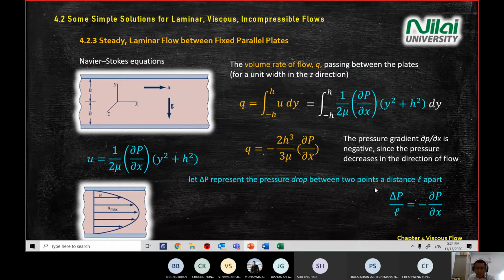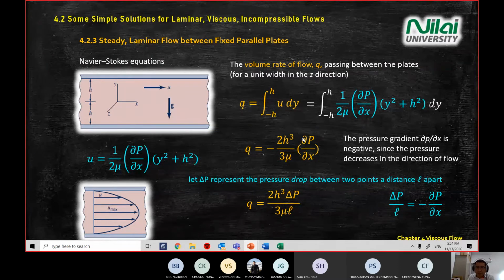This is just a development of mathematical order. You take the delta P divided by L, then you put in the differential form, negative, this is a pressure gradient, del P over del x. You rearrange this one, you can transform this equation from the differentiation term.